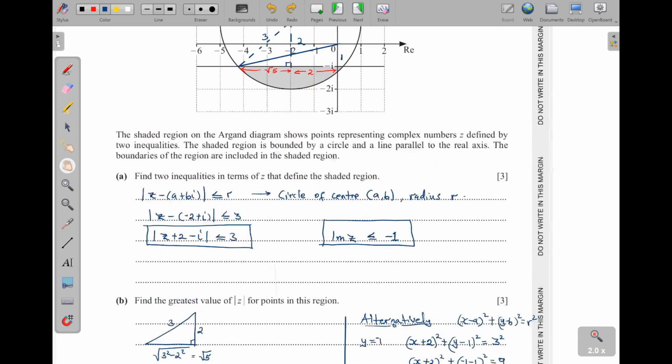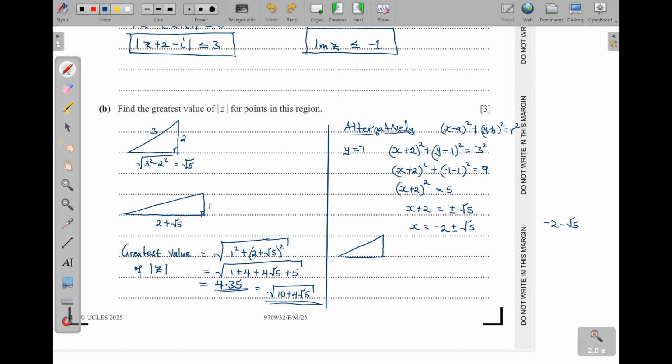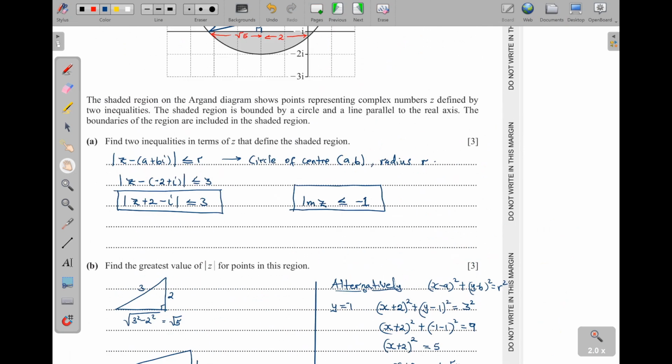But when it comes to lengths, we shall ignore the negatives. Okay, so that means this whole thing is 2 plus root of 5. It would have been negative, but we are dealing with lengths, so I ignore that negative. And there is a 1 here.